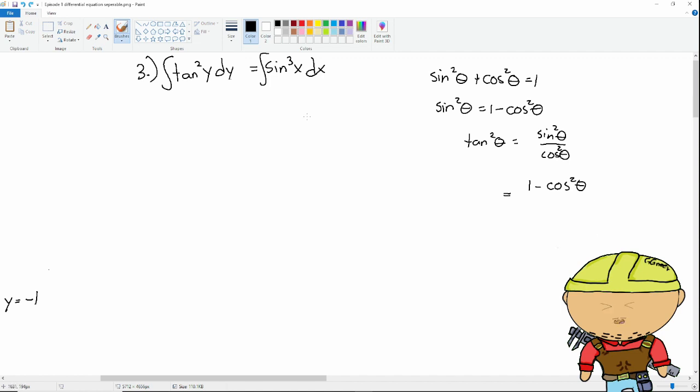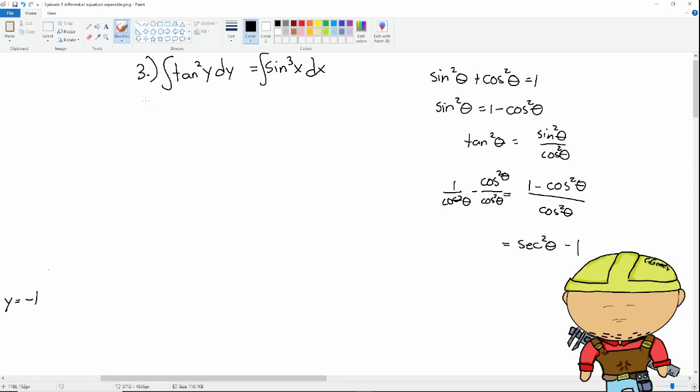So in order to integrate tangent y dy, I will substitute the tangent function with its identity. We have 1 over cosine squared theta minus cosine squared theta over cosine squared theta, meaning tangent squared theta is basically secant squared theta minus 1.